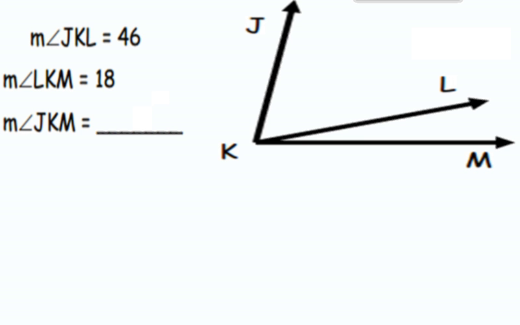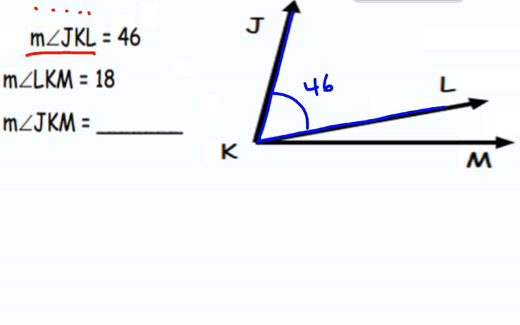Okay, so let's see if we can follow along. Reading these like a road map. This says the measure of angle JKL over here, and I'm going to mark off my JKL angle, which is this, so I'm talking about this angle, is equal to 46.